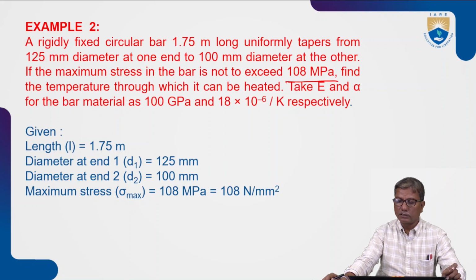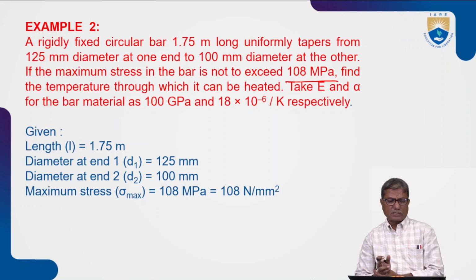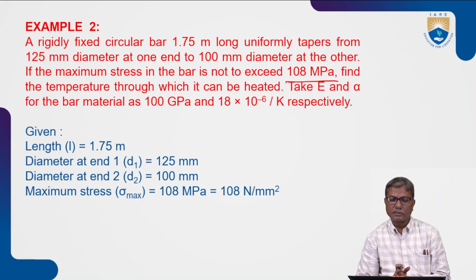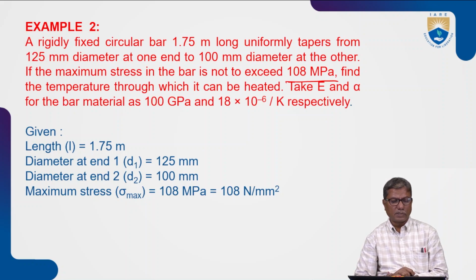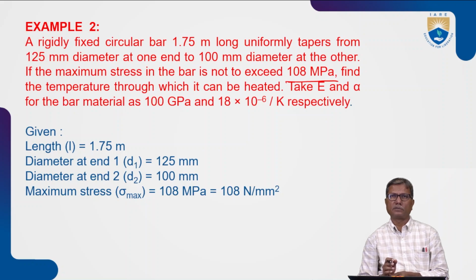Take E and alpha for the bar material as 100 gigapascals and 18 into 10 power minus 6 per degree Kelvin. It is similar, but the maximum stress is given, and we are to find the maximum temperature through which it can be heated.